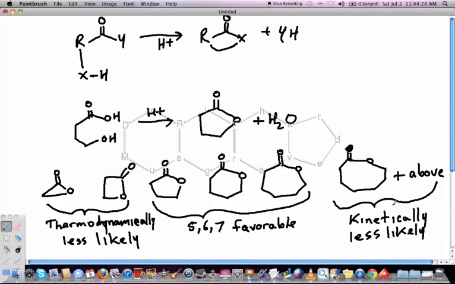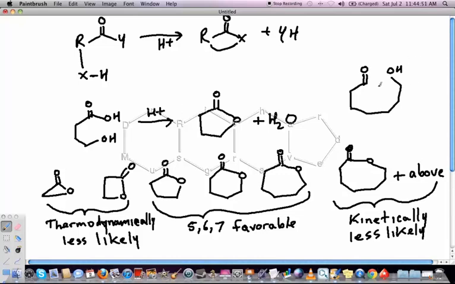For the ones that are 8-membered rings and above, we're talking about kinetically less likely compounds. The reason is that if you want to try and form an 8-membered ring, here's what you're trying to do. You've got 1, 2, 3, 4, 5, 6, 7, 8.